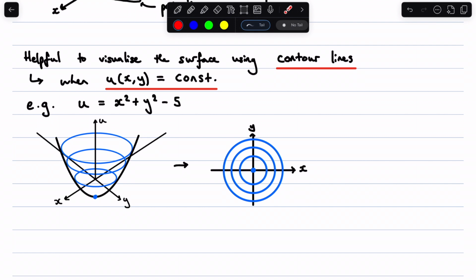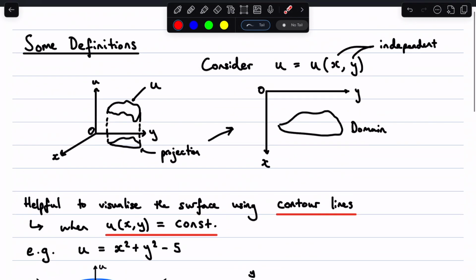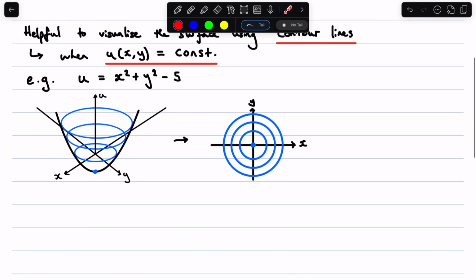So if we look at our example of u equals x squared plus y squared minus 5, it would be this sort of quadratic shape, but all the way around it's a surface going in 3D. And the contour lines for it are perfect circles. If we now take this arrow to mean we're looking from the bird's eye view, like we did for our domain here, we'll see we have circular contours.